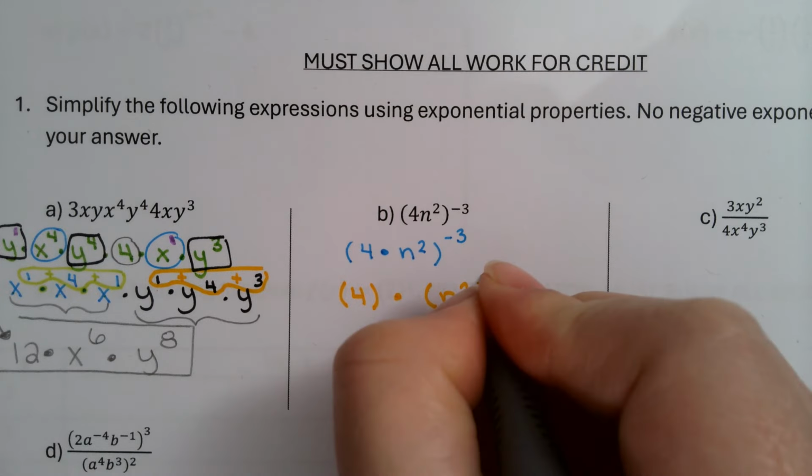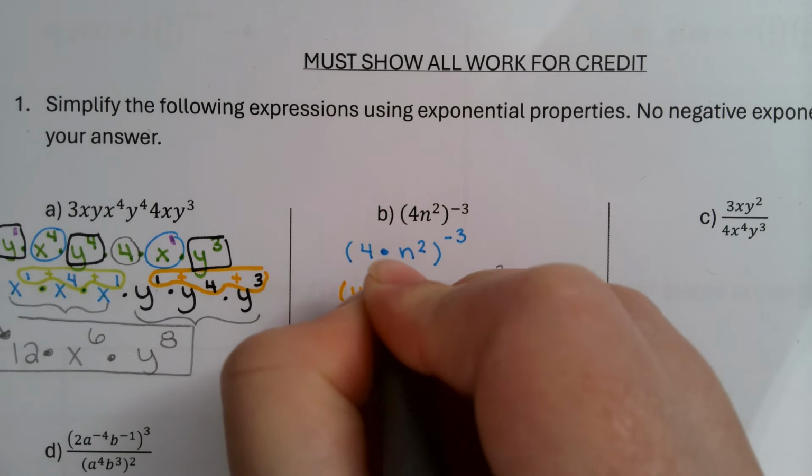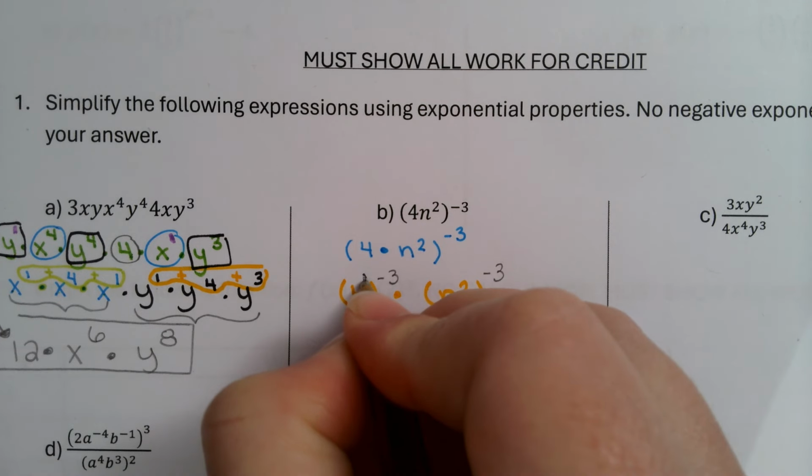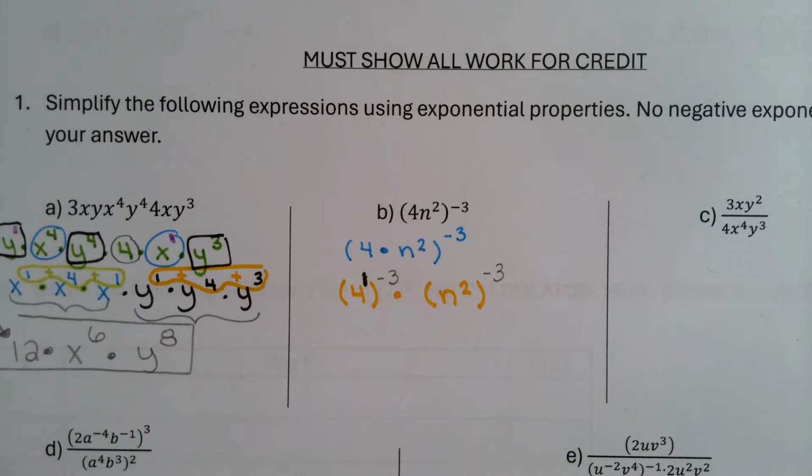We still have that -3 as an exponent. And notice that there is no exponent on 4. Now, when you're using this property, you do want to put in any missing exponents, even on numbers. So I'm going to put in a missing 1 exponent on top of 4. Next, we're going to apply the property.